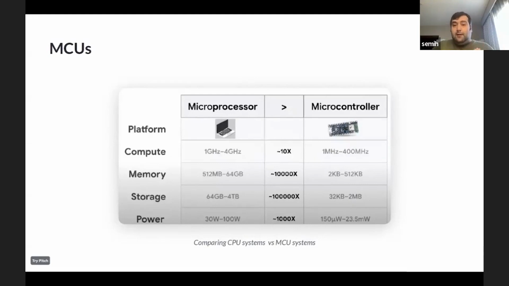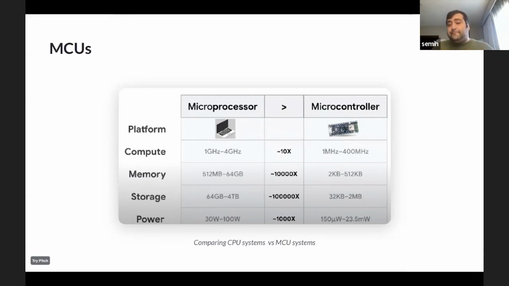So when we are going into this microcontroller world, we are going from 1 gigahertz to 4 gigahertz per core, which we are used to even in our cell phones right now, back to megahertz processing powers. To give you a good example, ARM M0 to M7, I think it goes from 60 megahertz to 220 megahertz, something around that, as the top computational power.